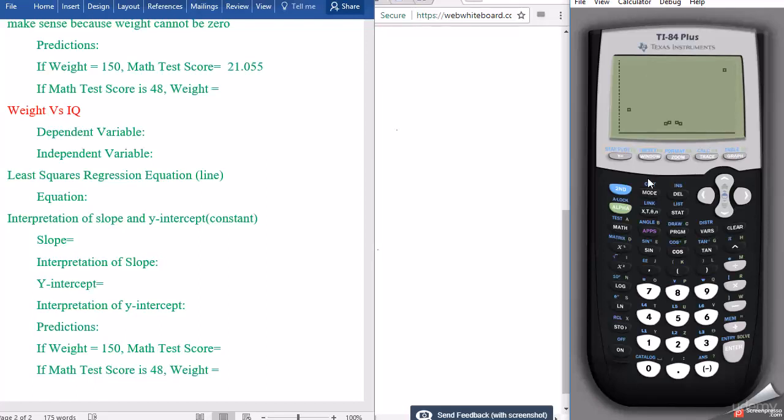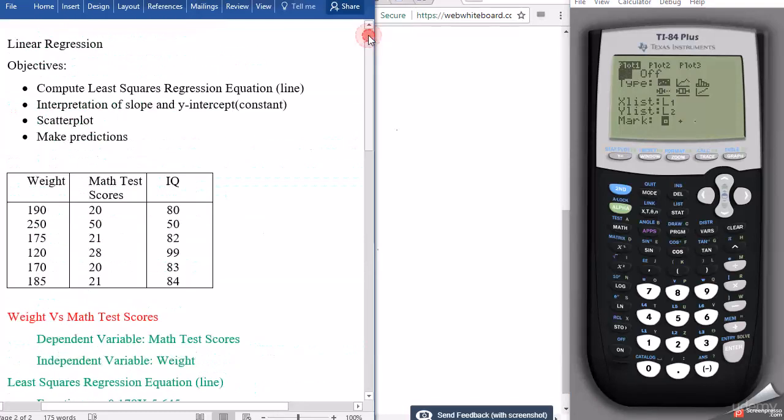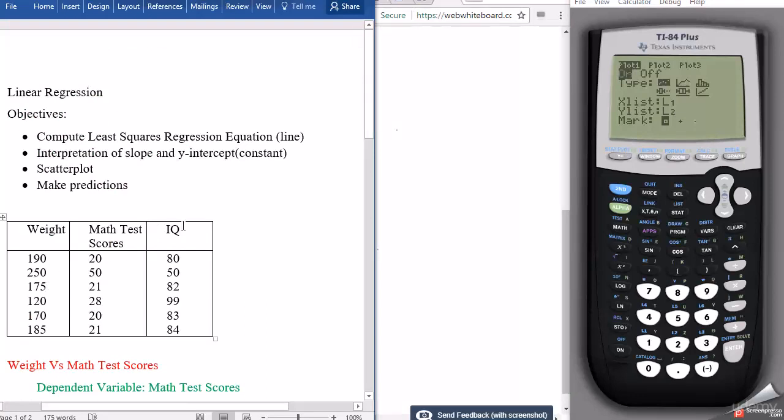Okay, so to do any plots, second y equals, turn it on. You can select any graph, anything you want. So in this case, I want to do a scatter plot for L1 and L3. Let's see what they are. L1 is weight and IQ is L3.